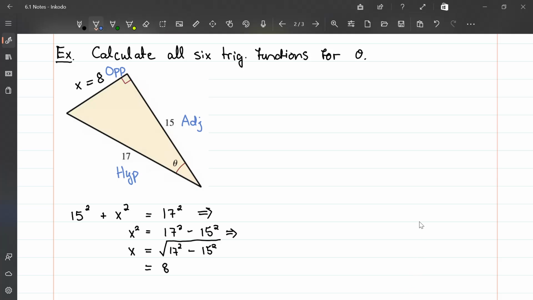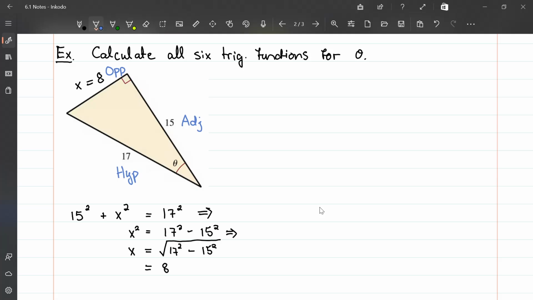And once I have all 3 sides, I have the position of theta, and I also know which sides are which. For my labeling purposes, I can calculate the 6 trig functions. I'm going to do them all in one fell swoop, so go ahead and work them out in one fell swoop as well. All we have to do is use exactly the fractions that we were working with before.